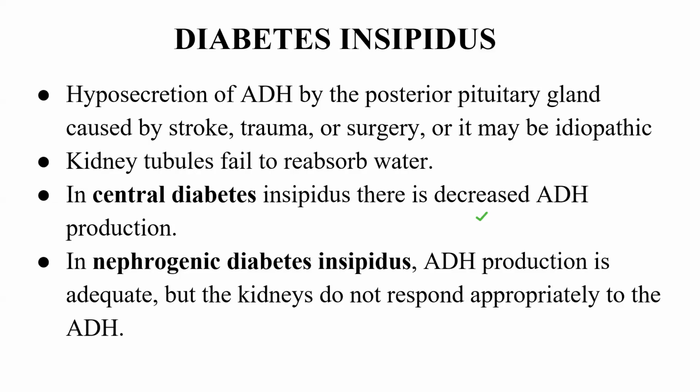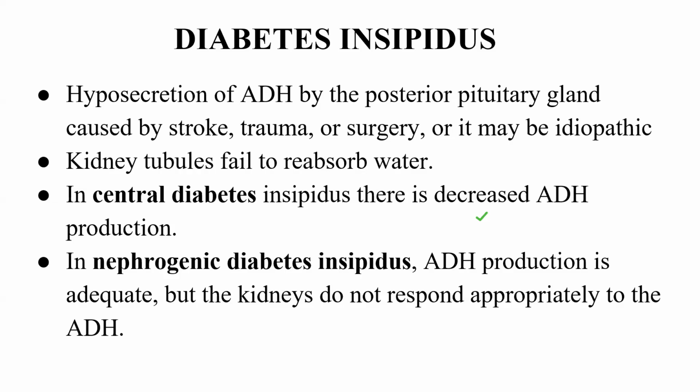Basically, you have two types of diabetes insipidus: central diabetes insipidus and nephrogenic diabetes insipidus. In central diabetes insipidus, there's a decreased ADH production. For nephrogenic diabetes insipidus, the ADH production is adequate. Ideally, the ADH is adequately produced, but the kidney does not respond appropriately to the ADH.